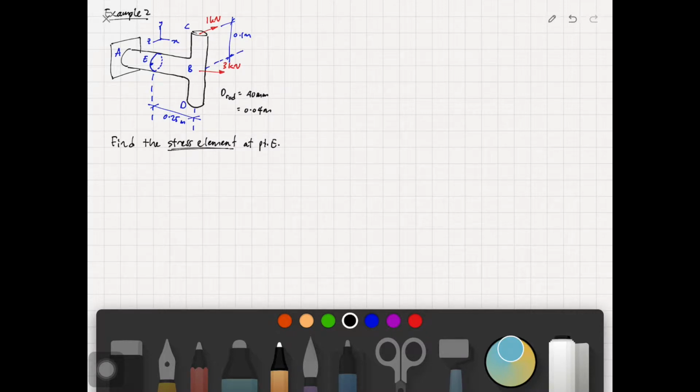We're going to learn how first of all we need to solve for the stress element at that point, and if it is given slanting at an angle, the stress right now needs to be shifted, and that is what we call stress transformation.